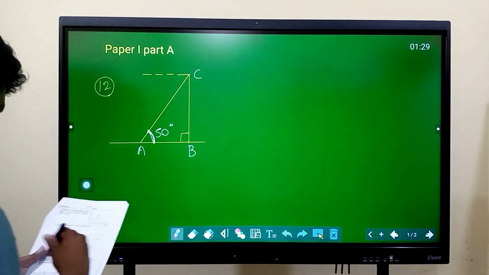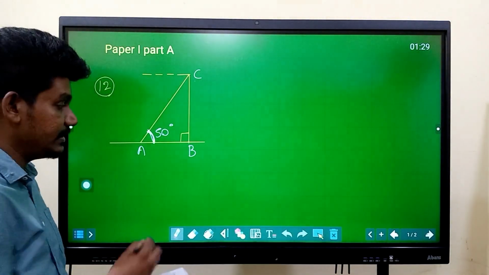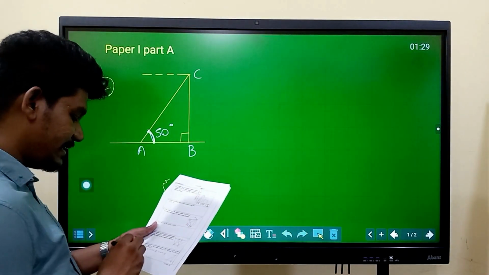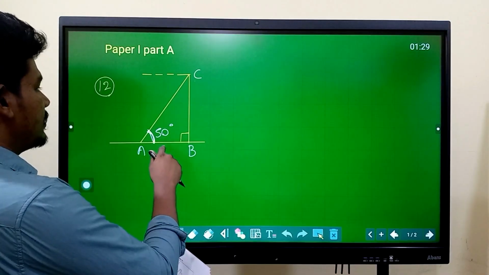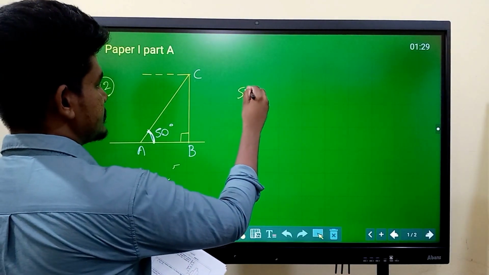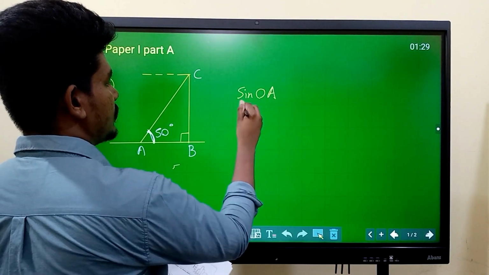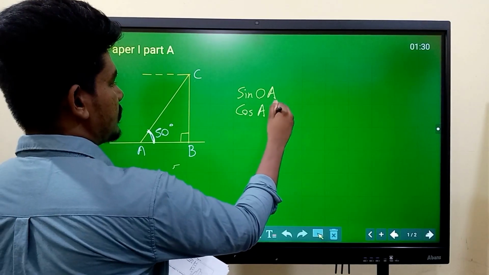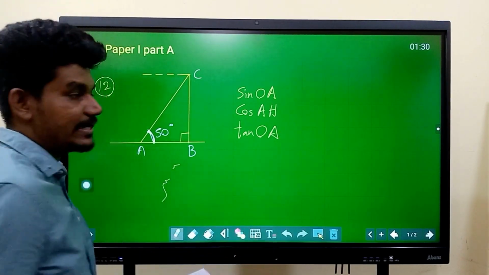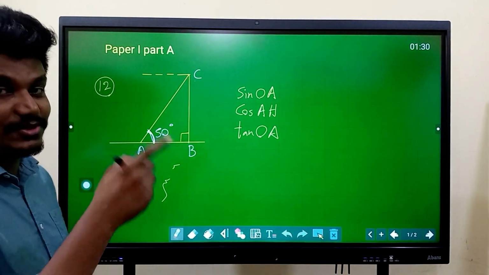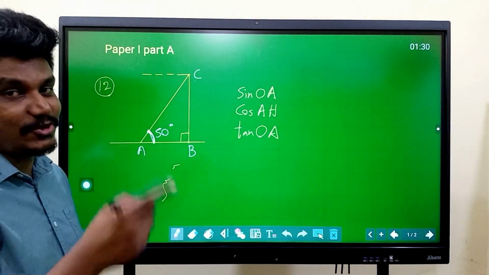we have to find which answer is correct among the given ones. For that they have written sine, cosine, tan. Can you remember these things? Sine, cos, and tan. Sine is opposite over hypotenuse, cos is adjacent over hypotenuse, tan is opposite over adjacent.